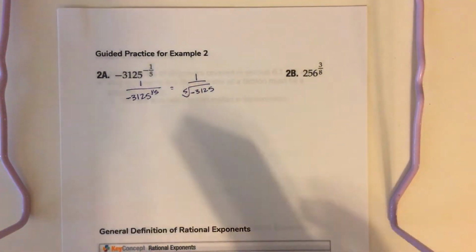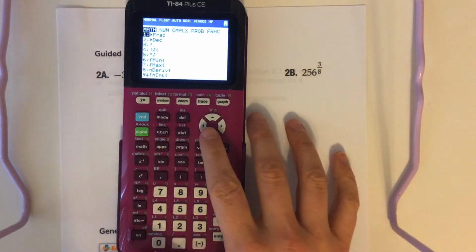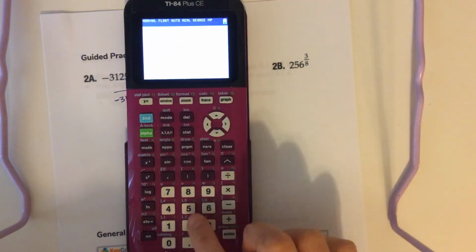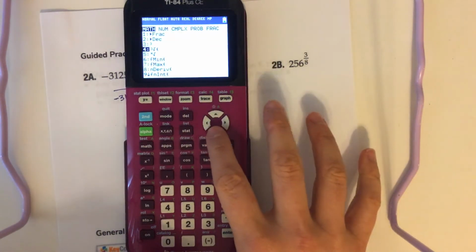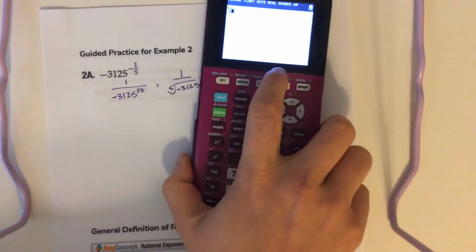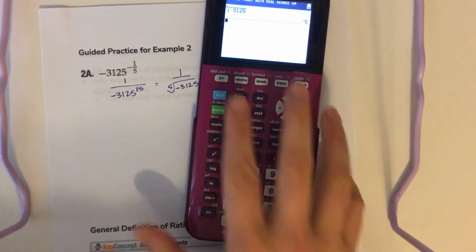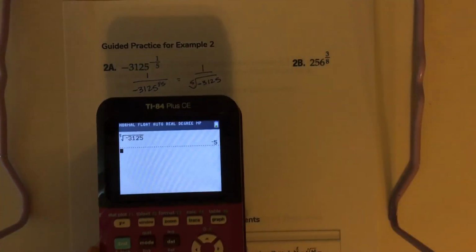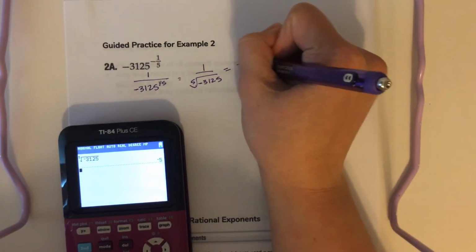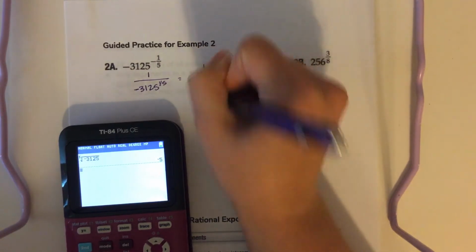Again, I don't know that off the top of my head, so I'm going to use my calculator again, go to my math button. We're taking the 5th root, so I want to do 5, math, down to get that root radical sign there. Negative 3125 to get that my final answer is negative 5 for that denominator, which means my final answer is just negative 1/5.